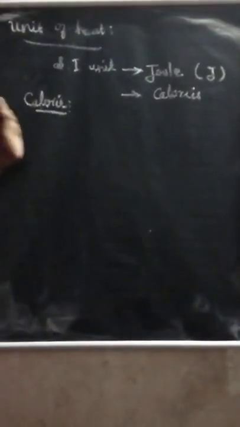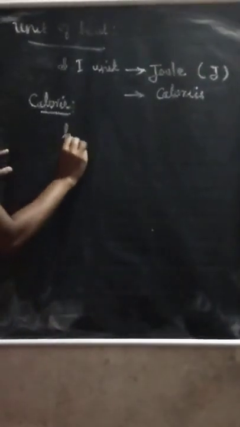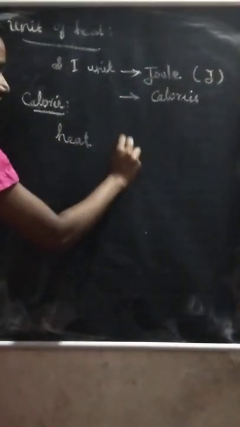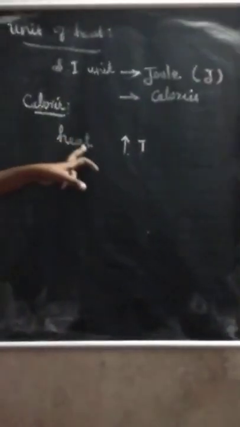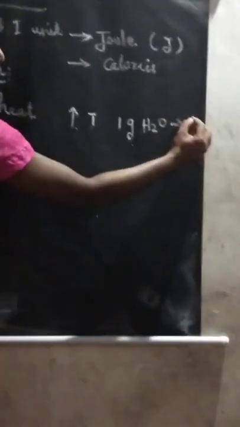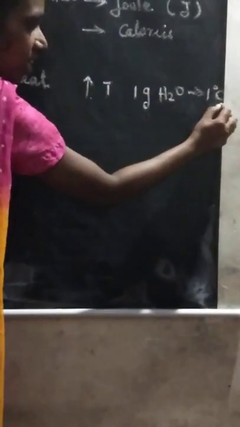So what is meant by calorie? 1 calorie is defined as the quantity of heat required to raise the temperature of 1 gram of water by 1 degree centigrade in the vicinity of 15 degrees centigrade.